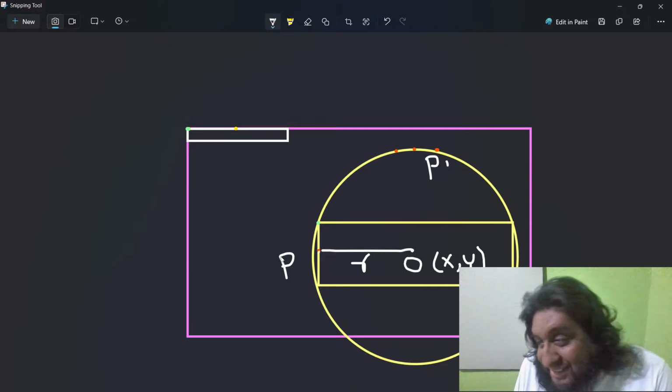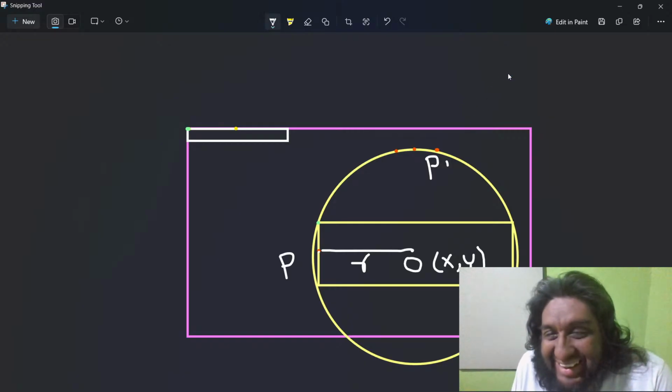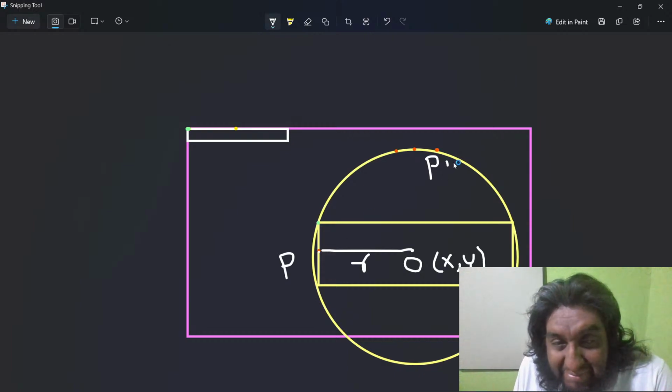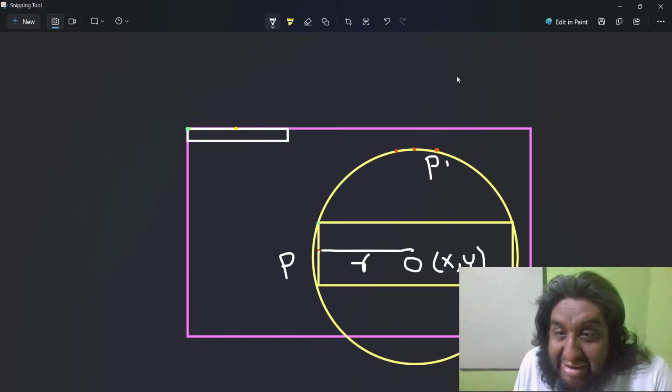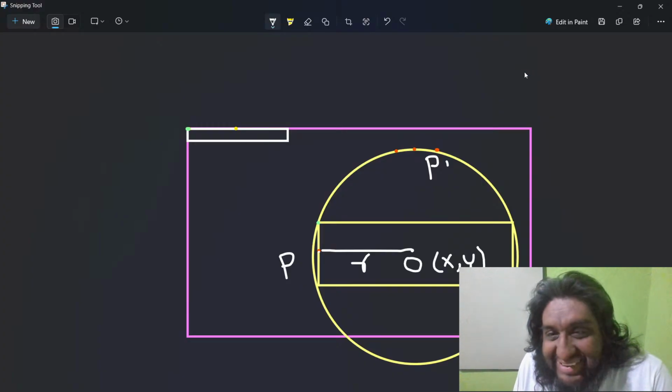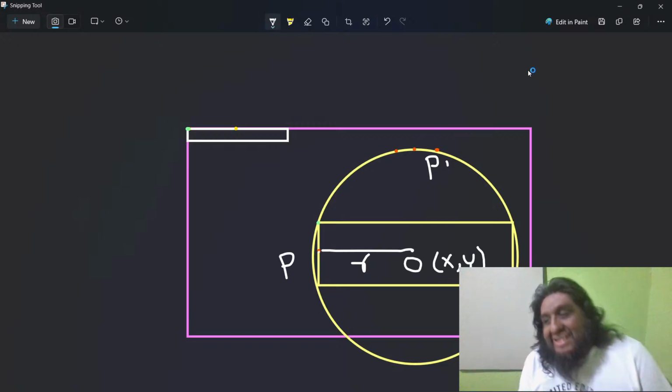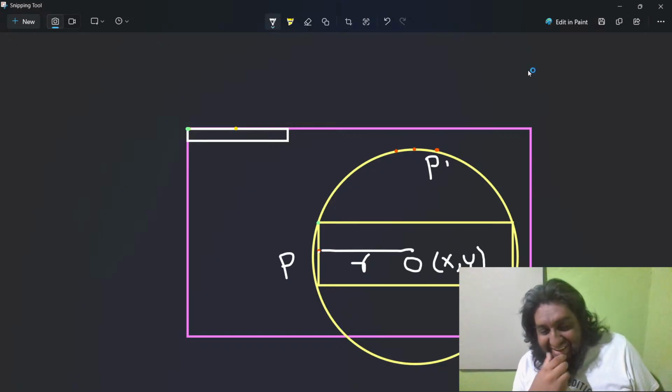That is P. Imagine rotated 90 degrees. P prime is P after applying some transformation, they call it in the book. Some transformation, some geometric operation. And that's why Alonzo Church is saying that it says functions.